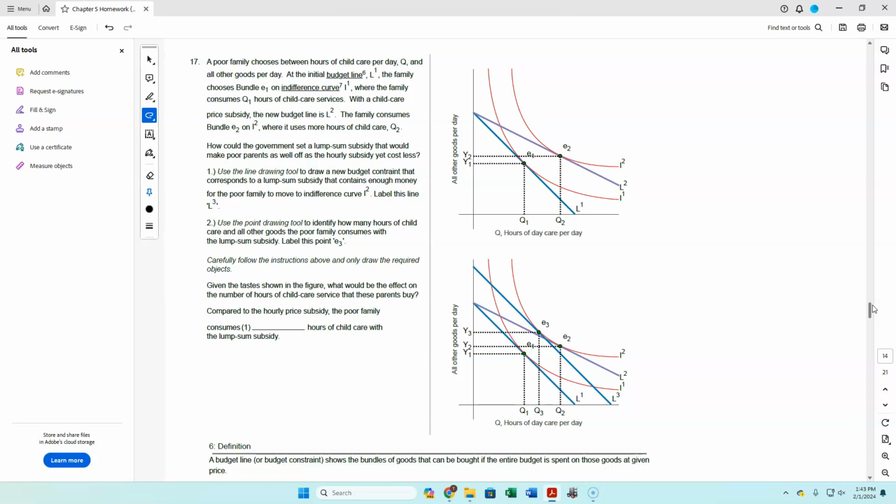And so in this case here, what we can see is that if the government provides a lump sum subsidy, it's going to change the relative price of daycare. And so we would expect that individuals with this subsidy would be able to buy more childcare, thus causing our budget constraint to change.